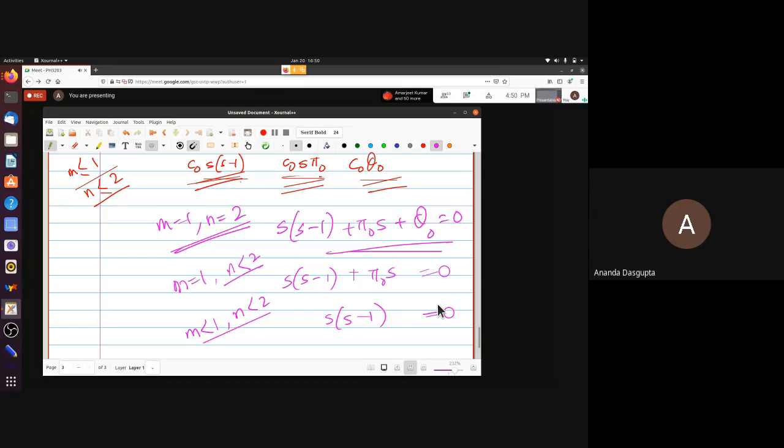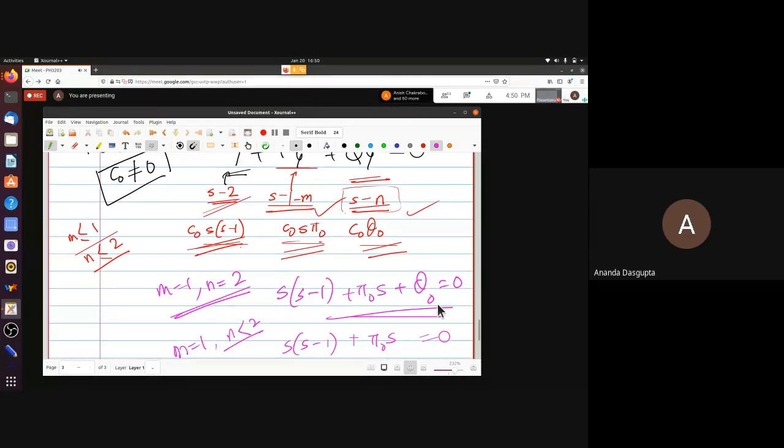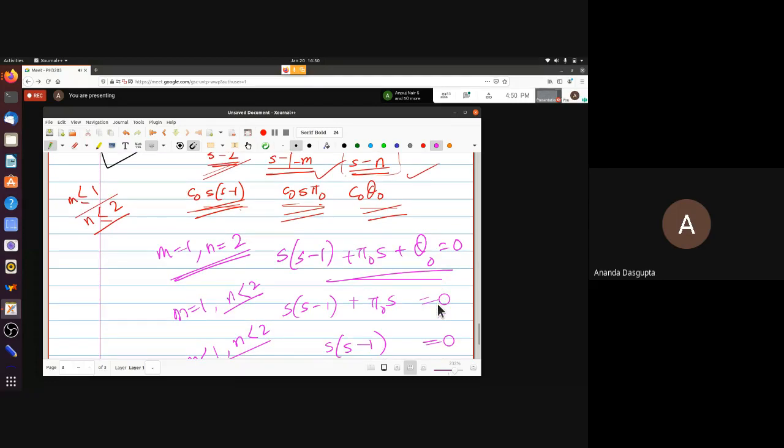All you have to do is figure out where the lowest power is coming from. If m is small, then the lowest power actually comes from the second derivative and not from py prime or qy. On the other hand, let's take one example. Let's say m is 3 and n is, let's say, 2. Then what happens? The first one, the second derivative, still gives you s minus 2.